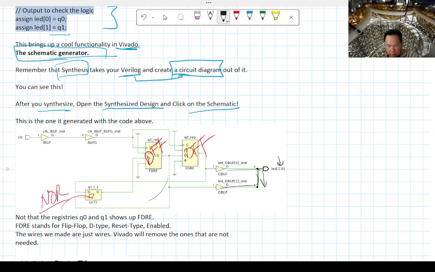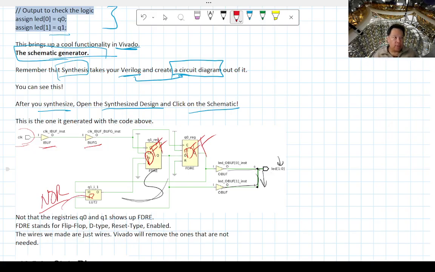And therefore, you can check all your wires, to make sure that what you wrote in the code is actually what's in the diagram. It's not going to look exactly the same, of course, but this will allow you to visually inspect things so that you can see if one line of code is not correct.